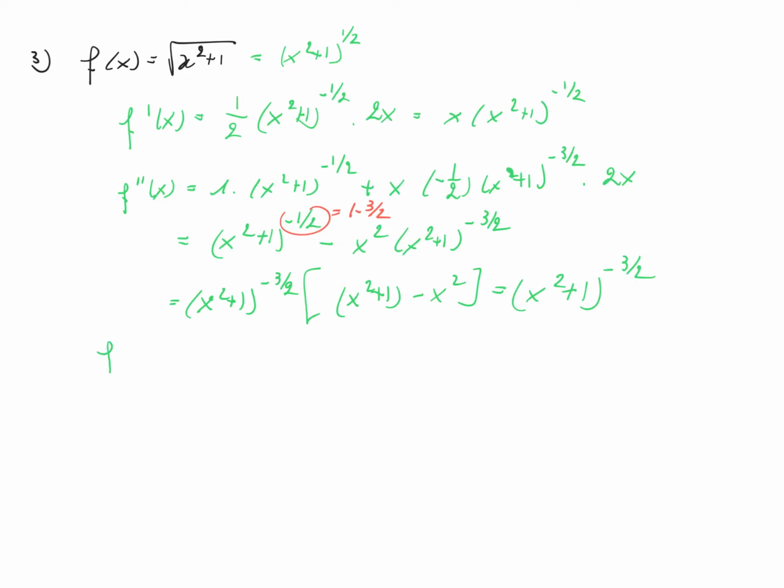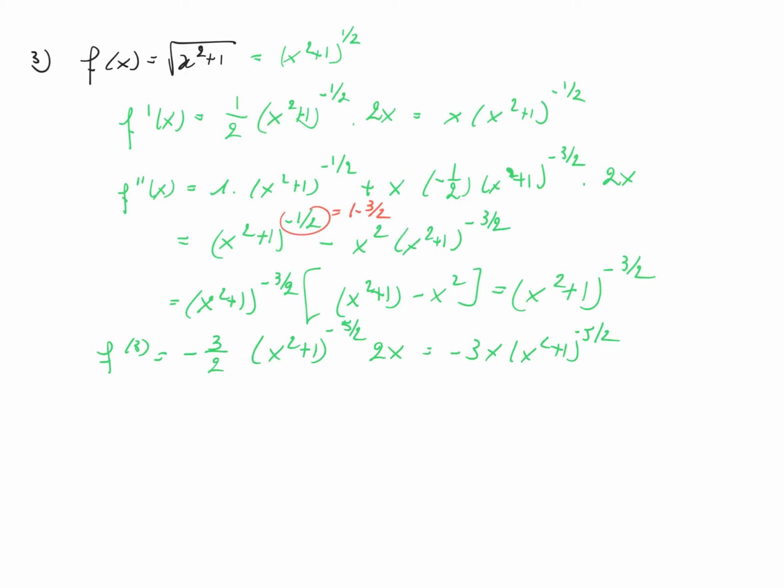We then go for the third derivative. The third derivative, based on the last expression, is minus 3 over 2 times x squared plus 1 to the power minus 5 over 2 times 2x, or it is minus 3x times x squared plus 1 to the power minus 5 over 2.